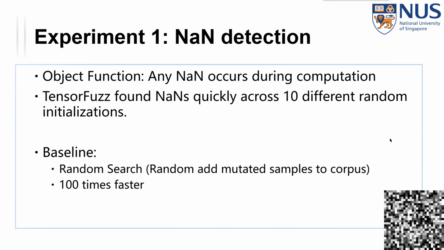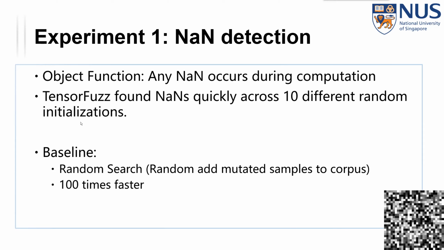In their paper they include 3 successful usages of TensorFuzz. The first is not-a-number detection, and the objective function is whether any NaN occurs during computation. In the experiment, the author says that TensorFuzz found NaNs quickly across 10 different random initializations.